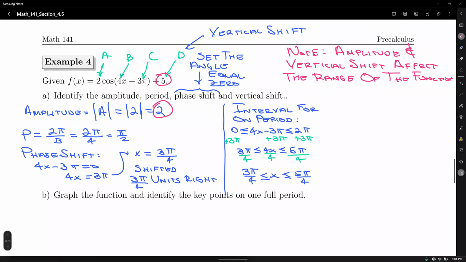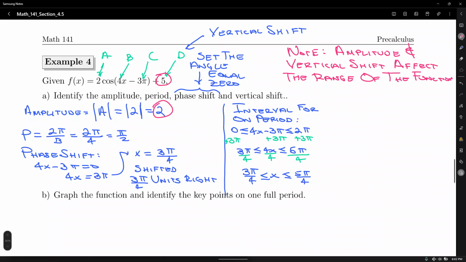So in this case, we're going to do two operations. Remember what we do for the multiplication by 2? We multiply by 2, of course. And the plus 5, which is the vertical shift, is adding the 5. So how are we going to manage the range of this function?